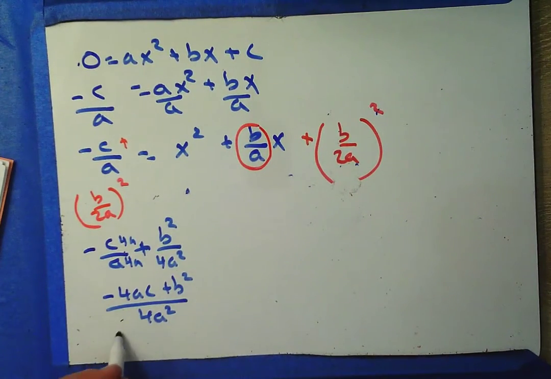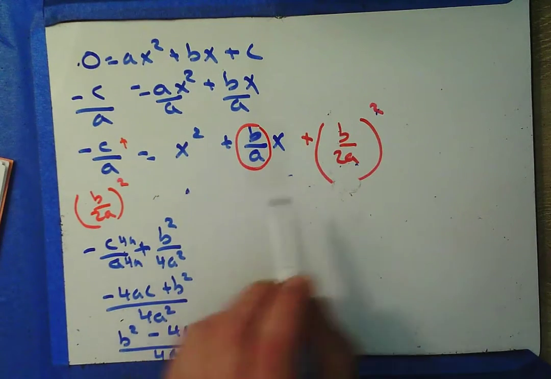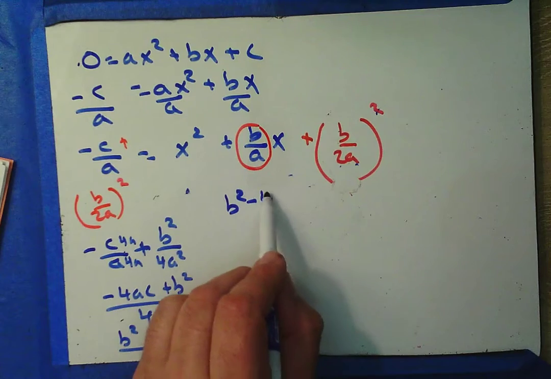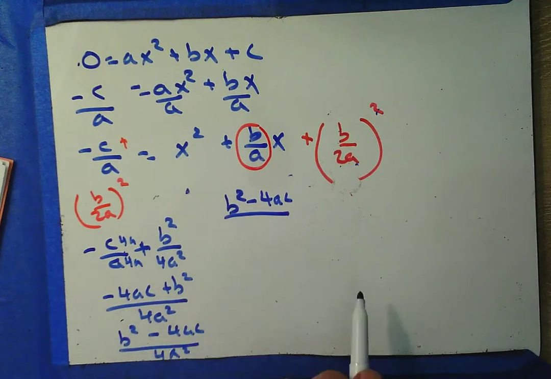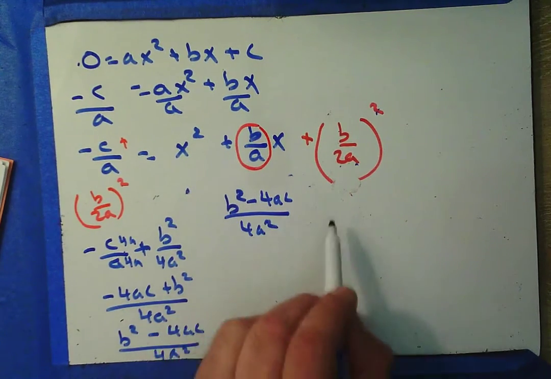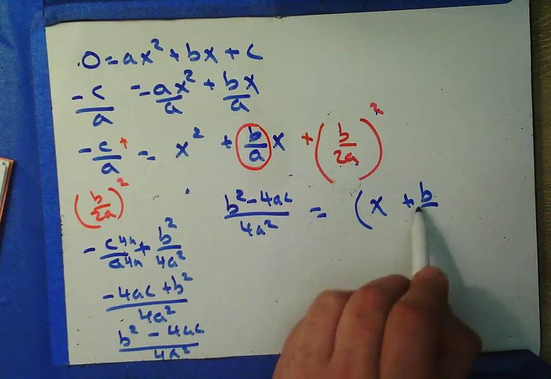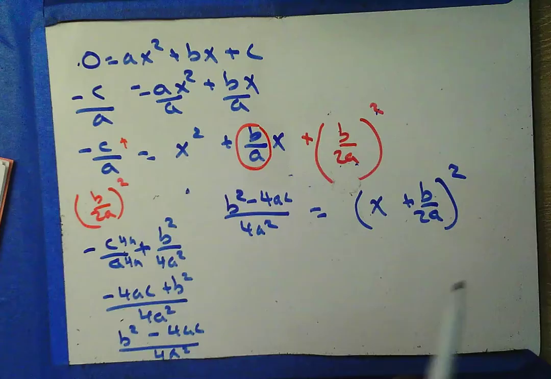And you might want to write that in the more familiar b squared minus 4ac over 4a squared. Okay, so let's get back on track. The left side of this equation now looks like b squared minus 4ac over 4a squared, and the right side of the equation looks like x plus b over 2a squared.